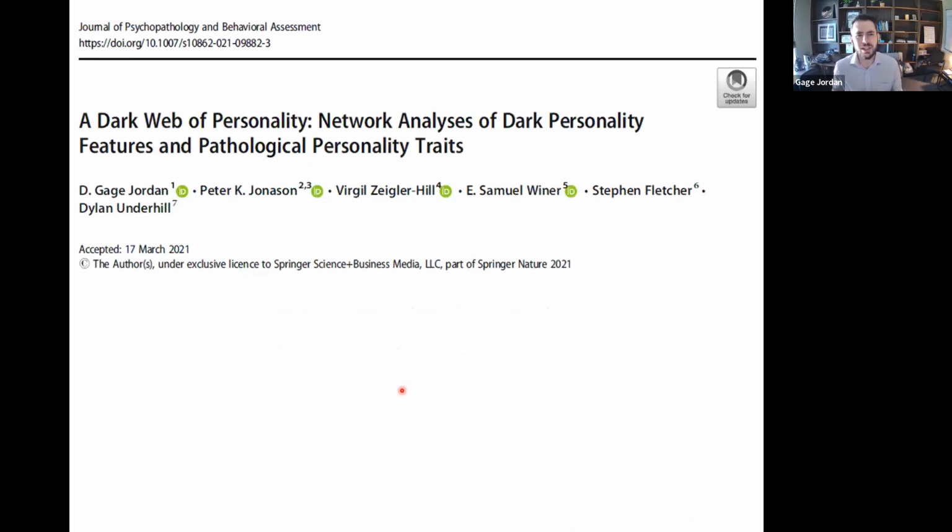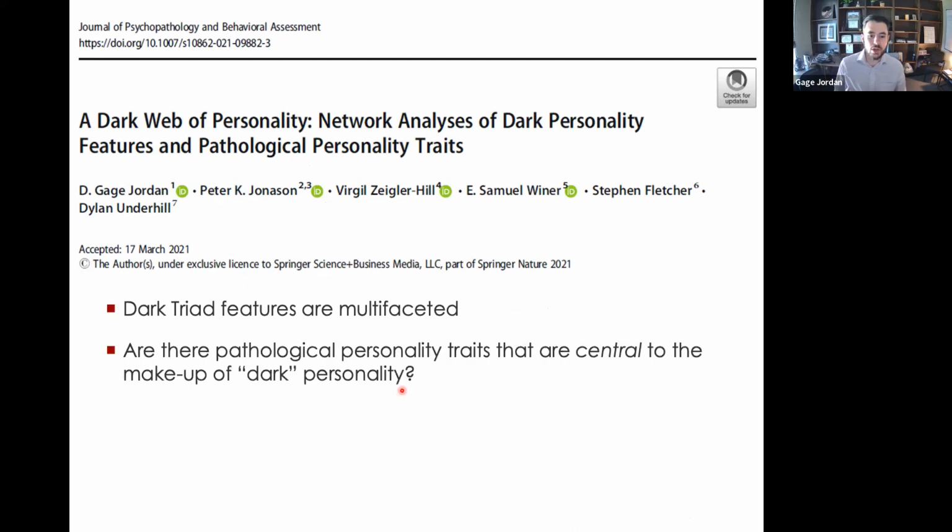That's what I was curious about, like the dark triad, right? Things like psychopathy, Machiavellianism, what sort of makes that stuff up? These are all multifaceted, all related to one another. And we were really curious, are there certain personality traits that explain that variation, that are sort of central or a core feature of things like psychopathy, Machiavellianism, and narcissism?